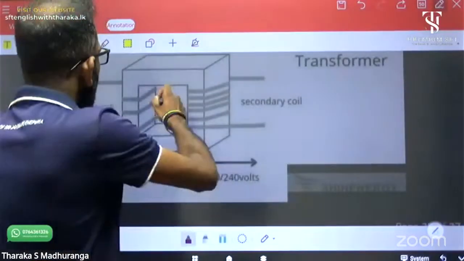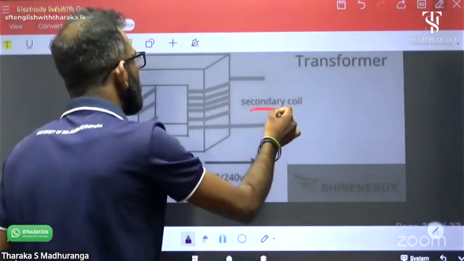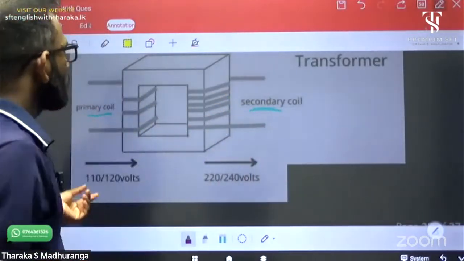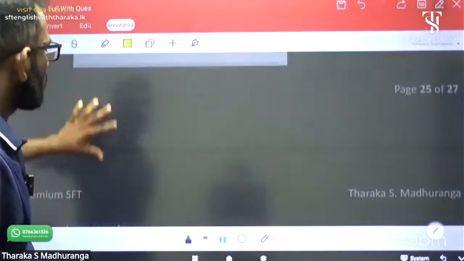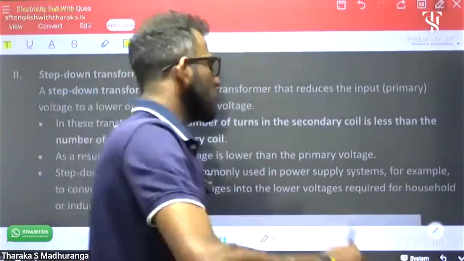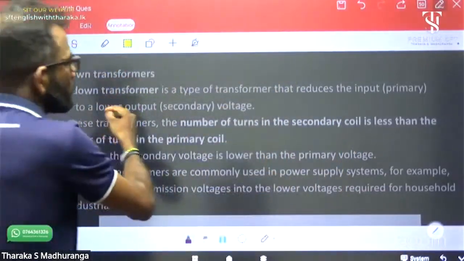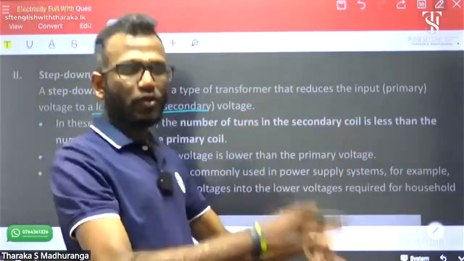That's a step up transformer: the number of turns in the secondary coil is greater than the primary coil. A step down transformer is a type of transformer that reduces the input voltage into a lower output voltage.